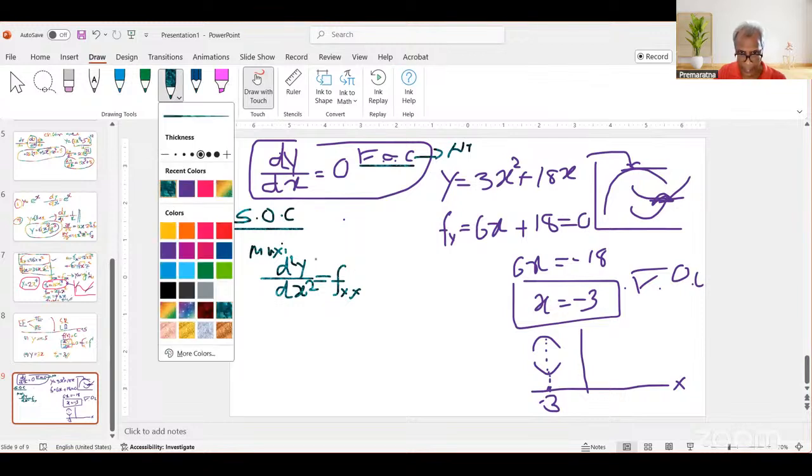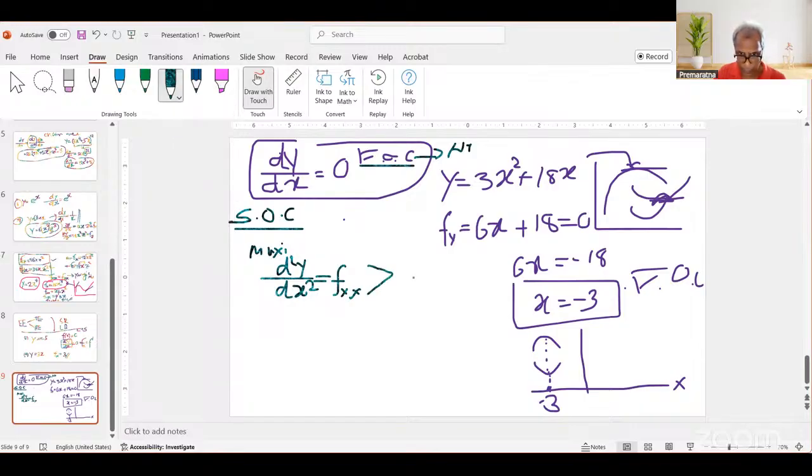Yeah. If the second differentiation value becomes positive, we can conclude that at the optimal point we get the minimum point, which means something like that. The minimum curve goes like that, a convex kind of form.